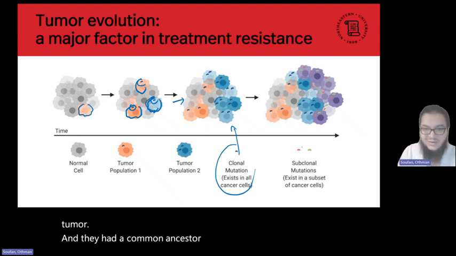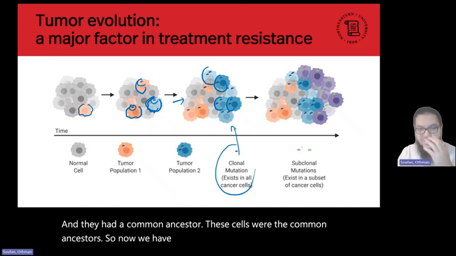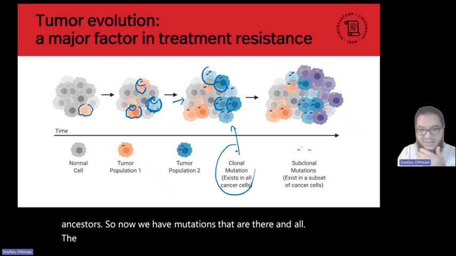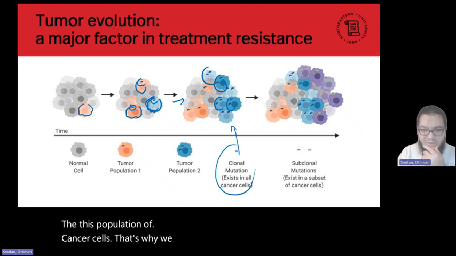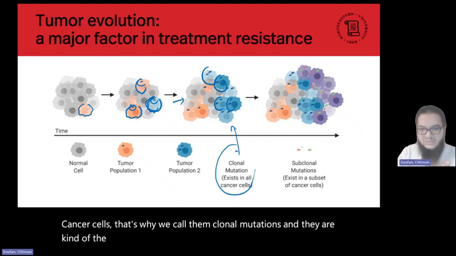These cells were the common ancestors. So now we have mutations that are there in all this population of cancer cells. That's why we call them clonal mutations, and they're kind of considered the driver mutations. Okay.